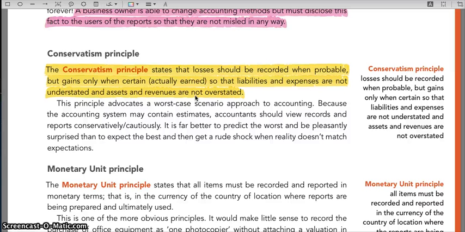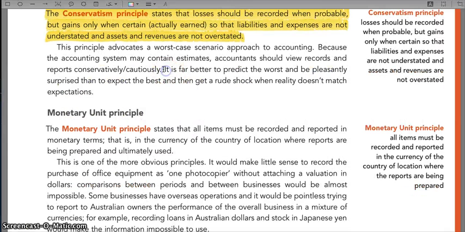And we are not overstating our assets and revenues, which are obviously our economic benefits. This principle can be summed up really well by this sentence here: it is far better to predict the worst and be pleasantly surprised than expect the best and then get a rude shock when the reality doesn't match the expectation.